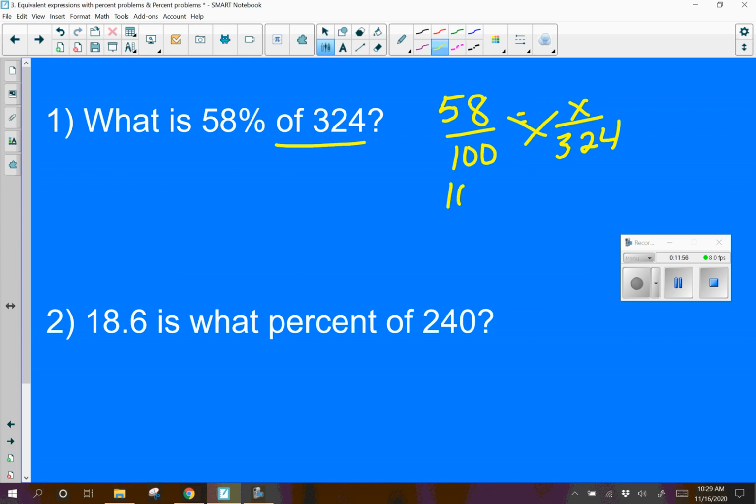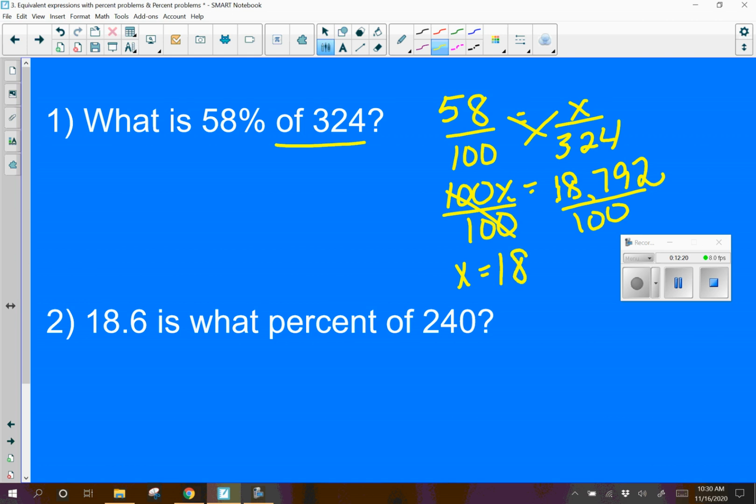So that's going to leave me with 100X equals, let's multiply 58 times 324. That gives us 18,792. And then to get X by itself, we're going to divide both sides by 100. And again, all that does is we scoop in 2 decimal places, and that leaves us with 187.92.